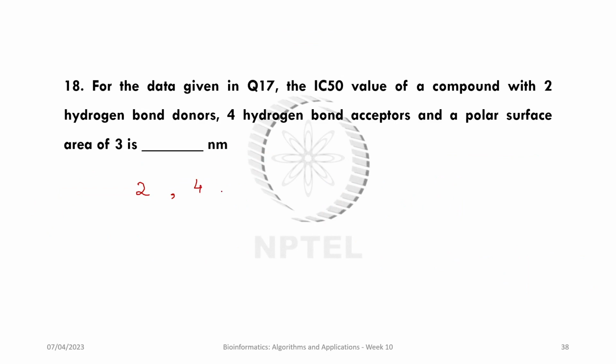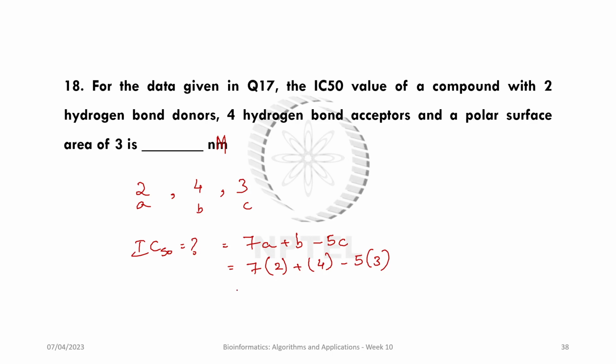So these are A, B, and C respectively. IC50 is 7A plus B minus 5C. 7A would be 2, plus B is 4, minus 5 into 3. 7 twos are 14 plus 4 minus 15.